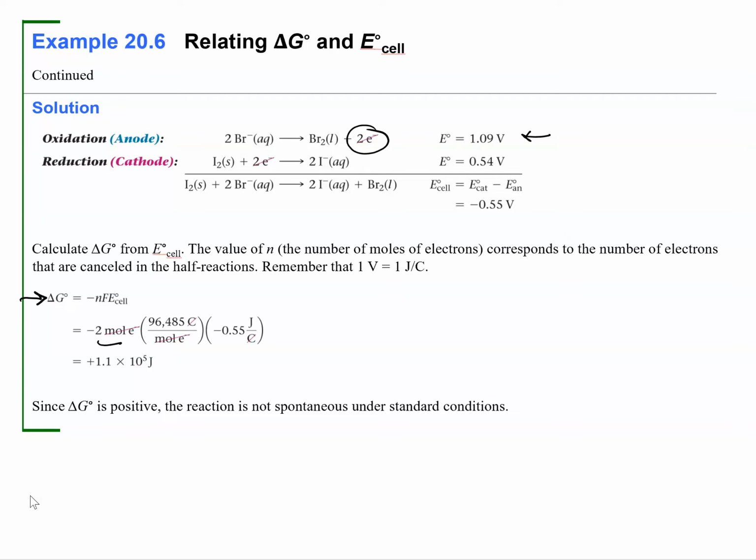And we have our E naught cell, which is negative 0.55 joules per coulomb. So when you do the math, it is 1.1 times 10 to the 5th joules. This is a strong positive value, which means this reaction is not spontaneous under standard conditions, which you probably could have ascertained from the fact that the standard potential for the cell is negative.